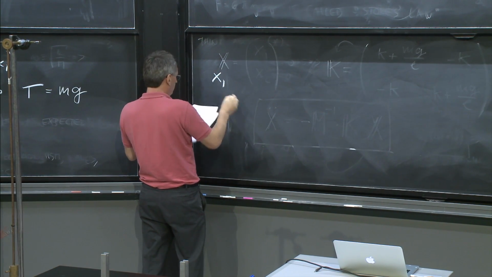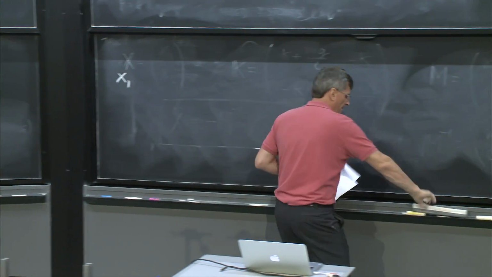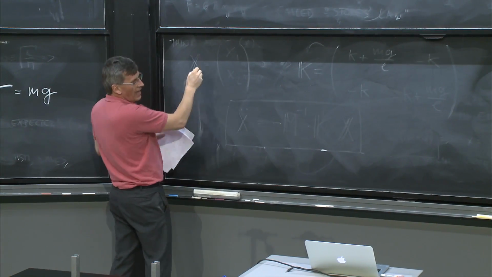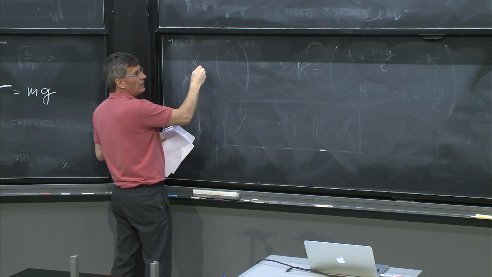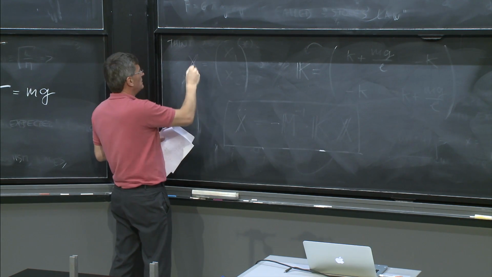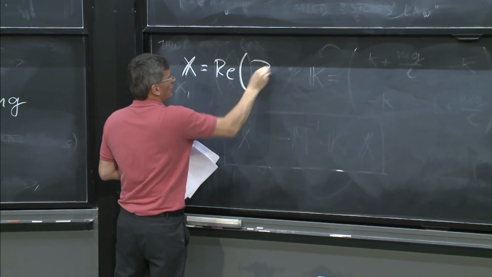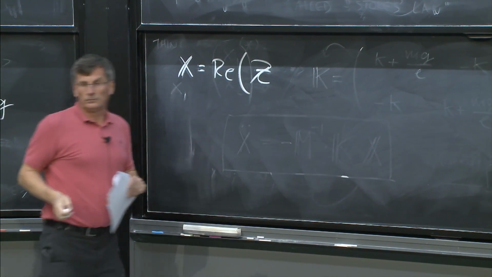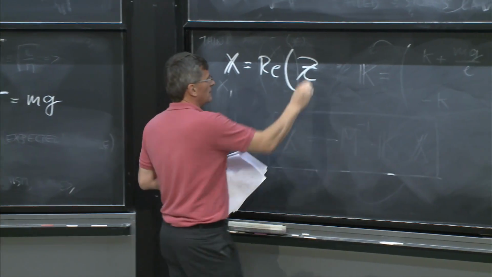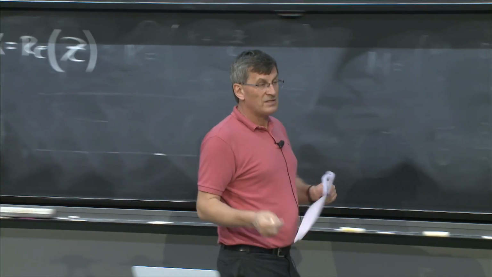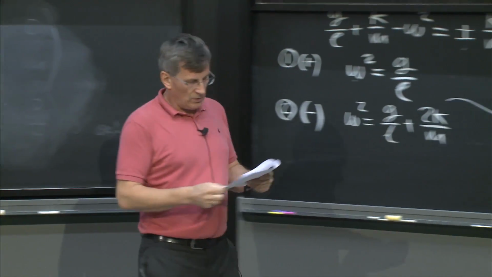So basically, x will be the real part of vector z. I used z there. So I take my complex numbers and take the real part of them. From the exponent, I will end up with a cosine appropriately and so on.